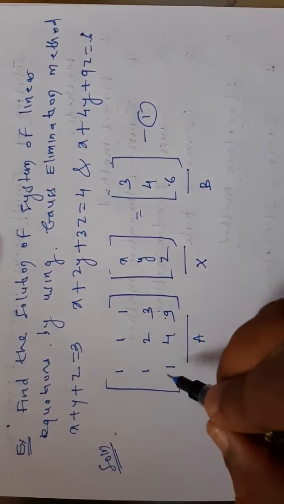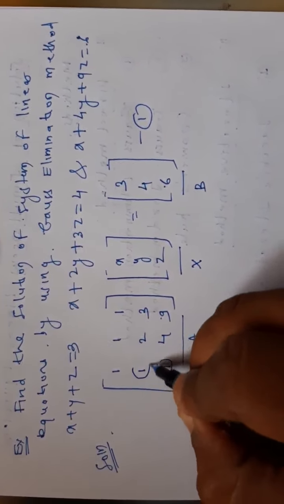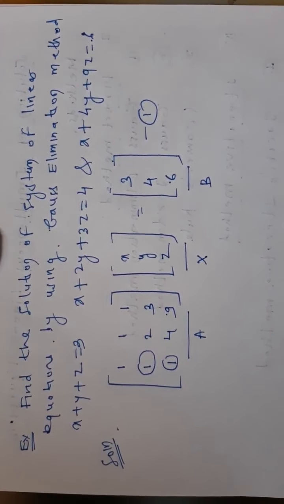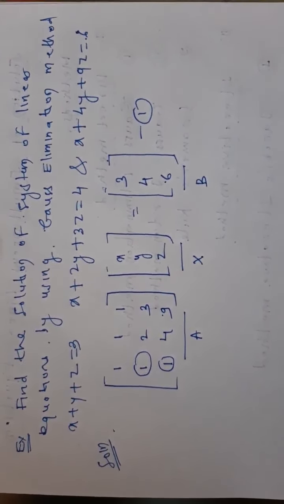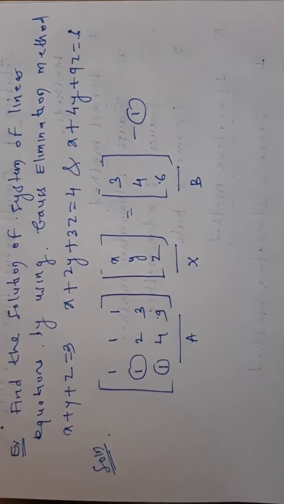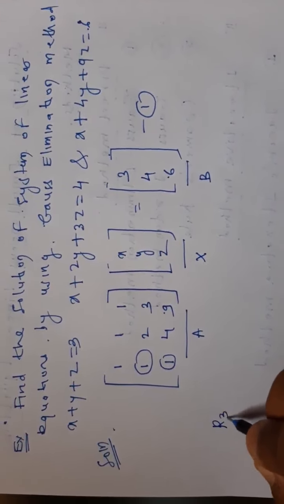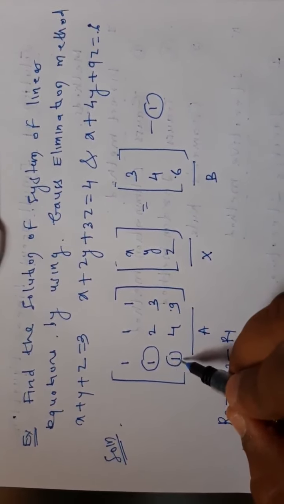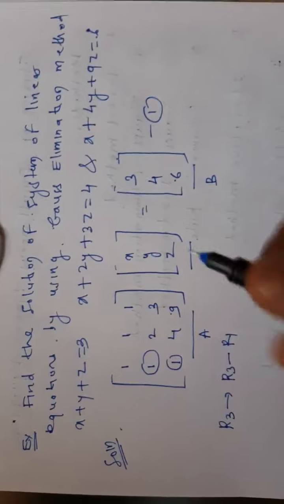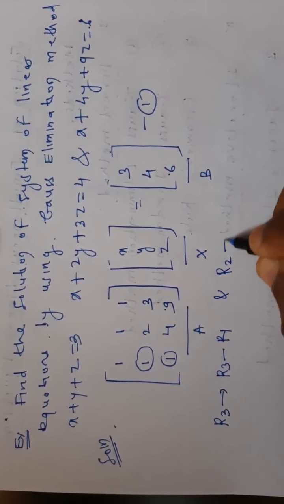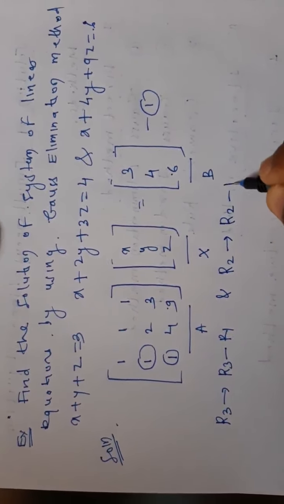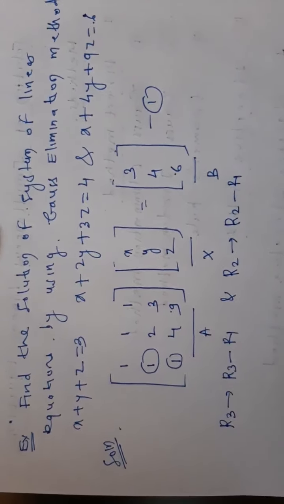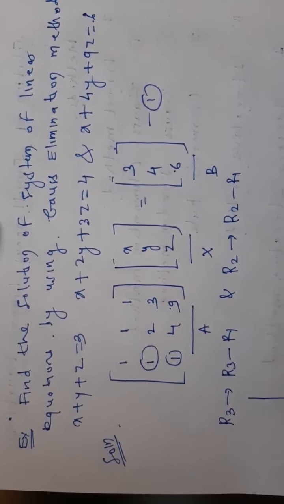Now in the first step I will make these two elements 0 by using elementary row operations. One thing we have to remember is that we apply only row operations. So R3 is equal to R3 minus R1, first making this one 0 by using the first row, and R2 is equal to R2 minus R1, again making this one 0 by using the first row only.